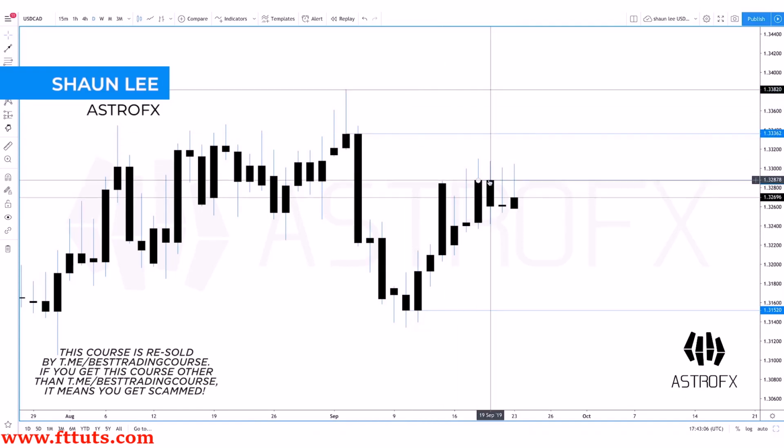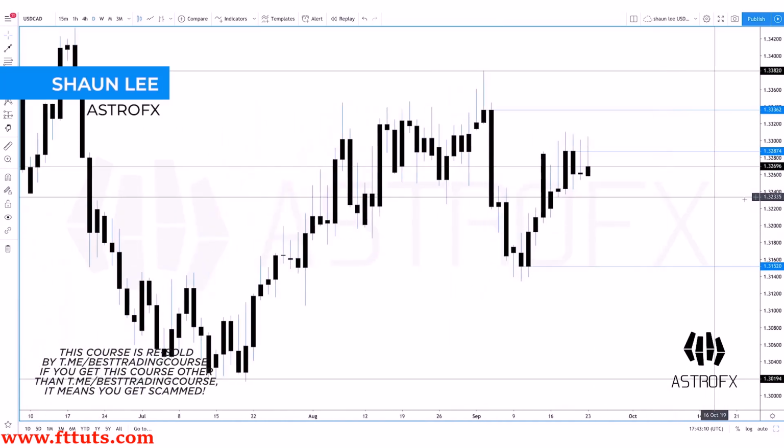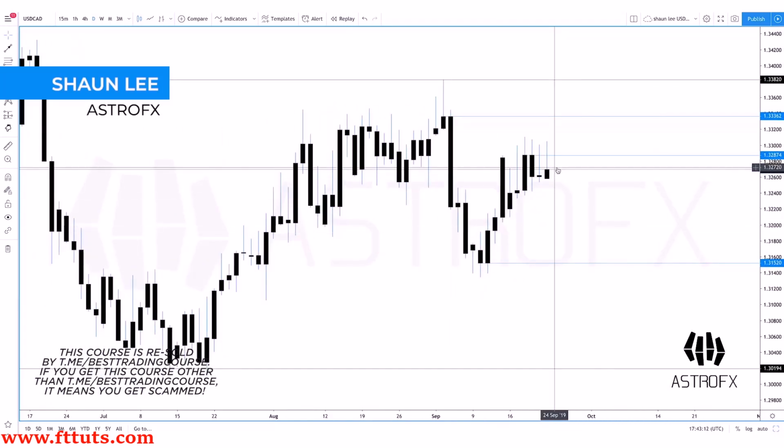So knowing that gives me the confidence that USD CAD has to really give it a big push through these levels for this potential short trade, which we're still yet to break down on lower time frames, to be invalidated.